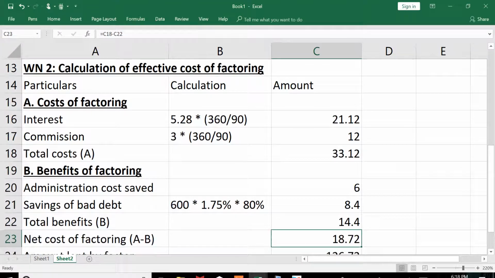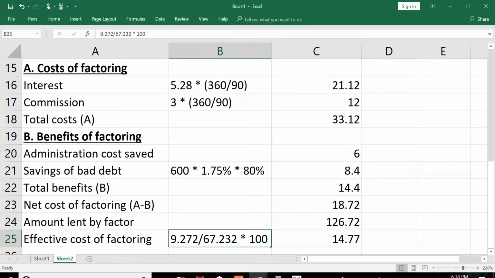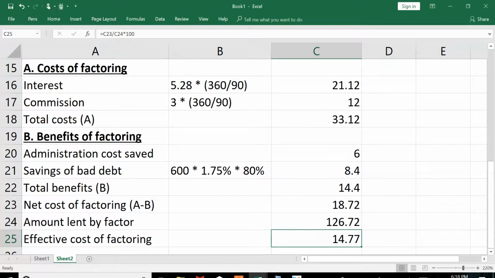Total benefits, and get the effective cost of factoring, and we can decide whether to go ahead with a factoring arrangement or shift to a bank loan.